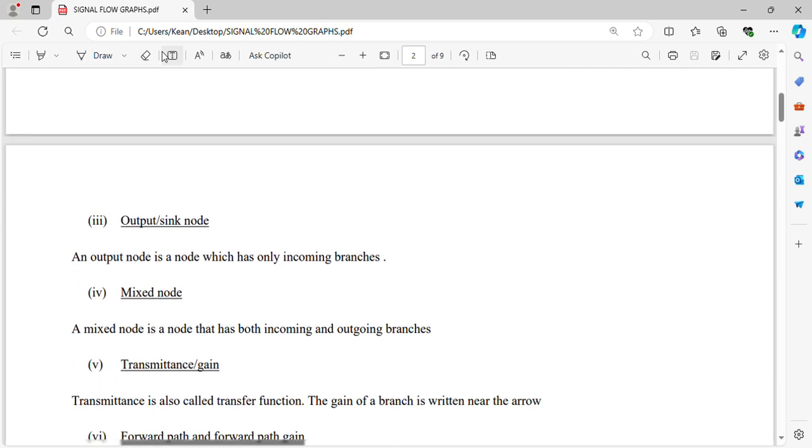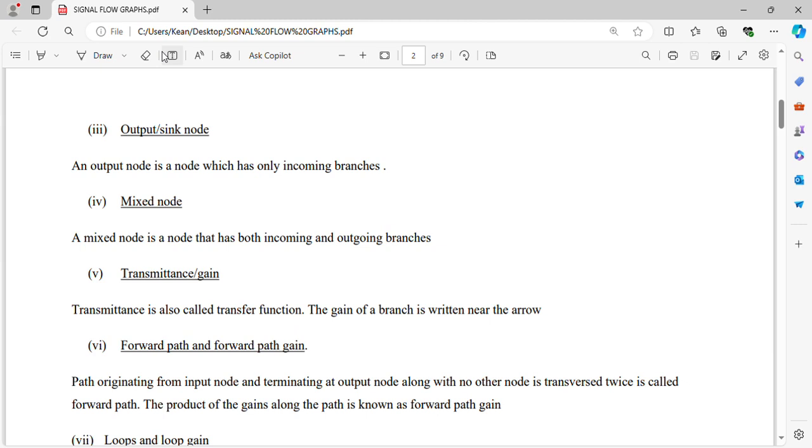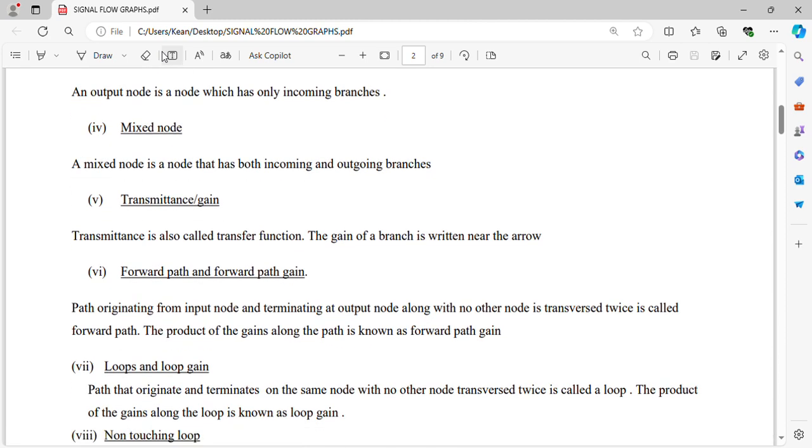Then we have the mixed node. All the other nodes except the source node and the sink node are called mixed nodes. These have both incoming and outgoing branches. Then we have the transmittance. The transmittance is the gain along the branch. It is written as G1, G2, and so on.